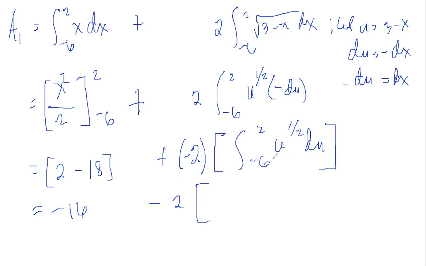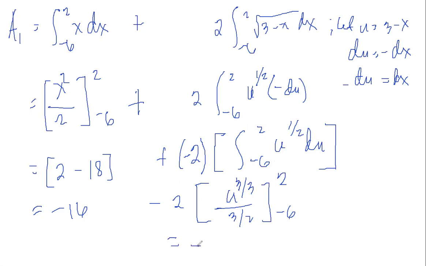So what's the integral of u raised to 1 half? U raised to 1 half is equal to u raised to 3 halves over 3 halves, and to be evaluated from negative 6 to 2, correct? And let's simplify this, okay? So let's simplify the second term.